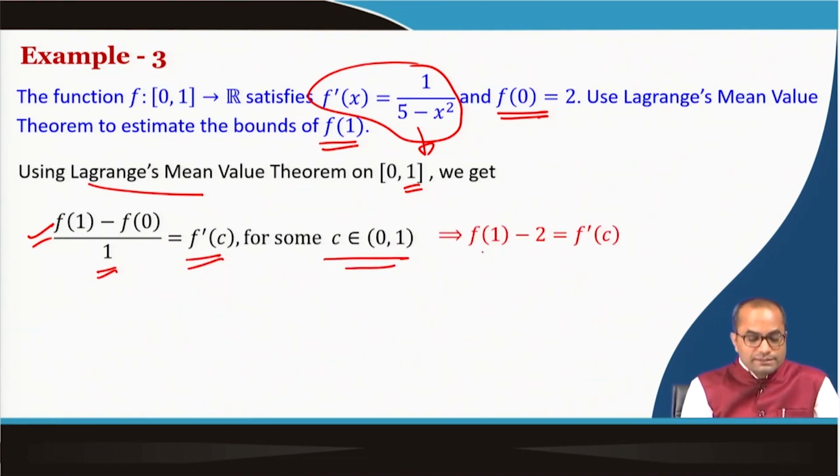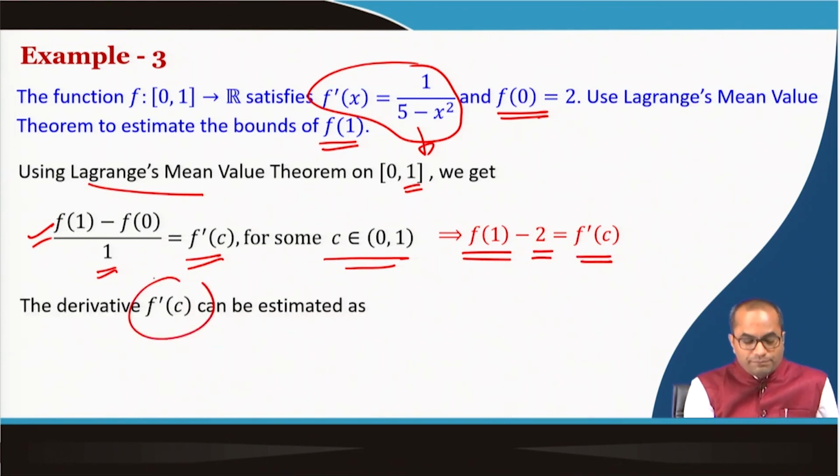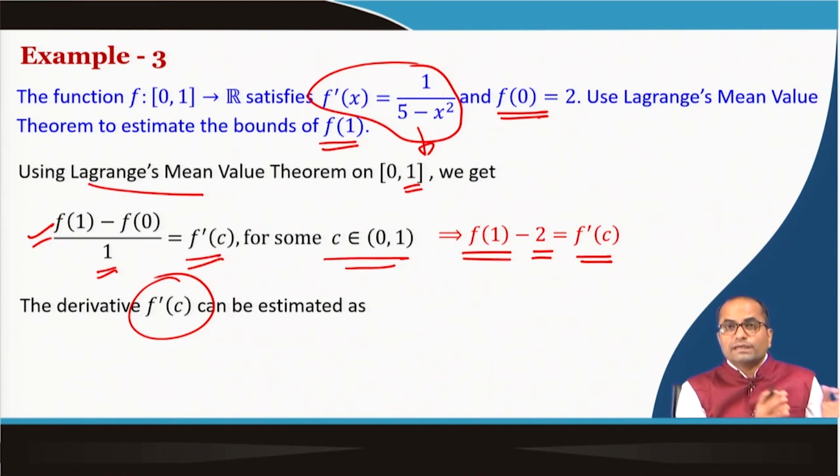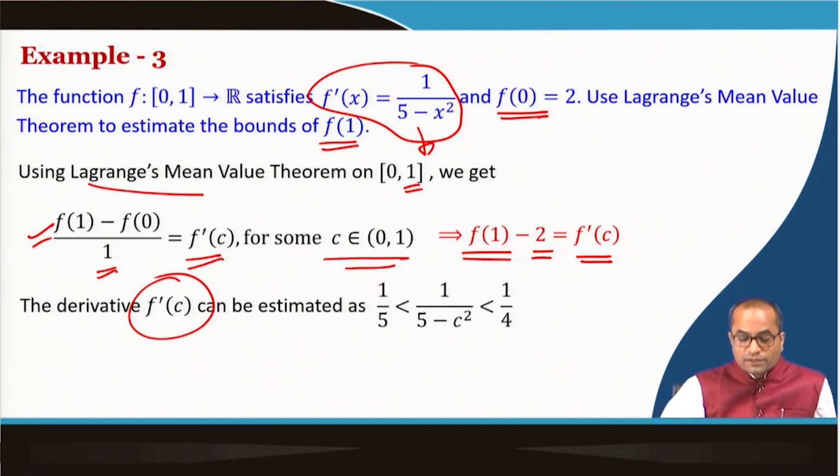So, what we realize here that f1 minus f0, which is f1 minus 2, is equal to f prime c. Well, and the derivative f prime c we have already, it is 1 over 5 minus c square, and this can be estimated. We can have the lower bound and the upper bound on this derivative. So, we have 1 over 5 minus c square, and c is between 0 and 1.